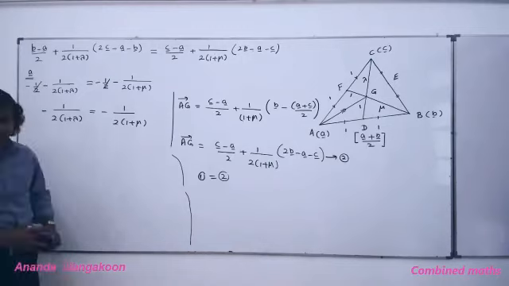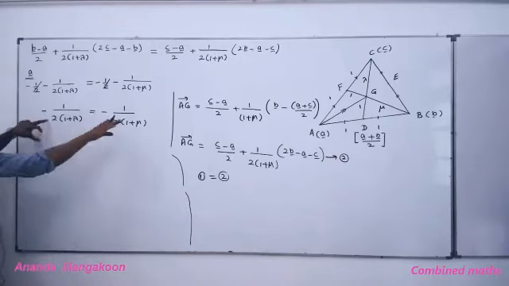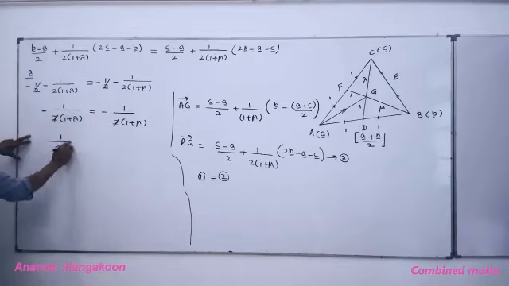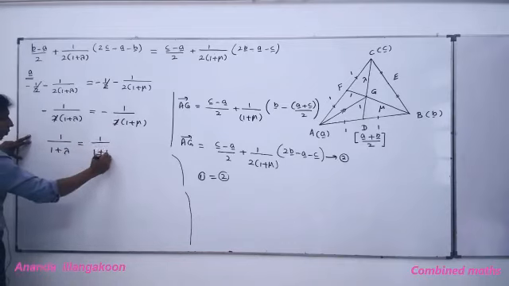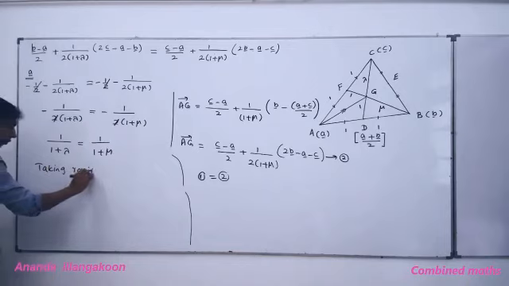Right? Yeah. Now this minus and this minus you can cancel down. This 2 and this 2 you can cancel down. What do we have then, people? 1 upon 1 plus lambda is equal to 1 upon 1 plus mu. Now take reciprocal of this. Reciprocal.